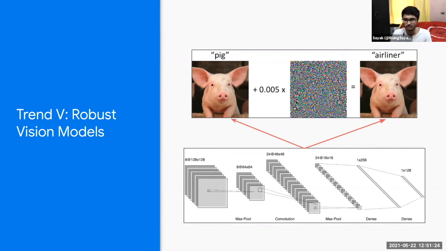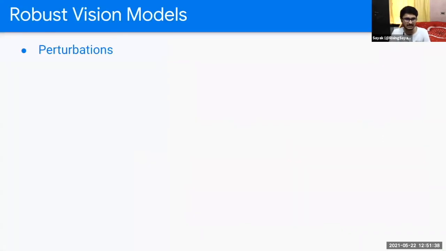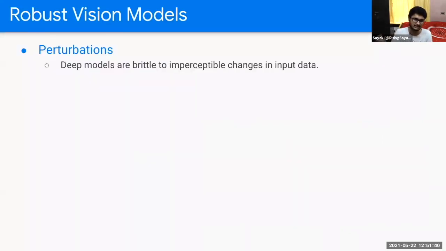We are not able to see any difference on the right hand side figure, right? But it can fool a network into believing that this image is of an airliner, which is a blasphemy, right? So that's precisely the idea around the brittleness of neural networks to imperceptible changes in input data.